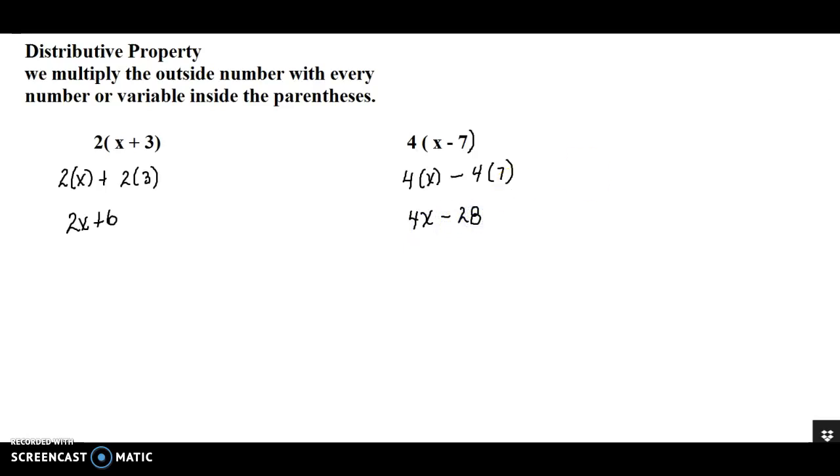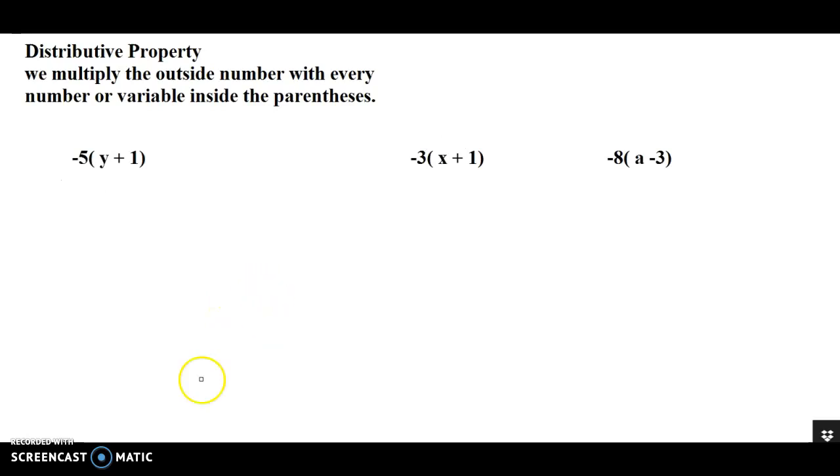So that is what the distributive property is. The distributive property can only be performed on an addition problem or a subtraction problem. That's the only time you can perform the distributive property.